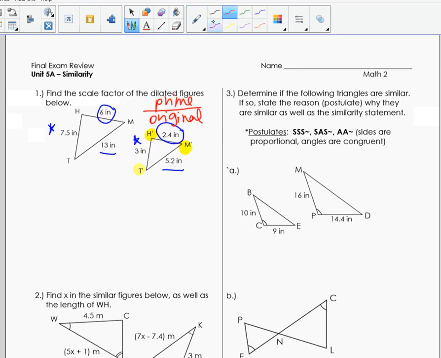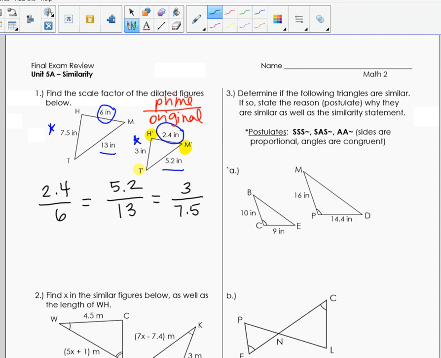Okay, and then set it up accordingly, meaning we would do 2.4 over 6 and 5.2 over 13 and 3 over 7.5. So you guys, if this were on the final and it was this question and you flipped all those, technically it would be wrong because you aren't doing prime over original.